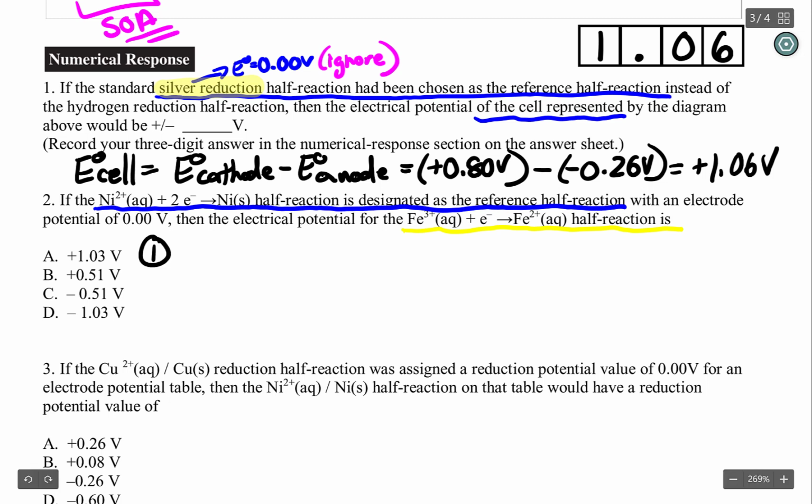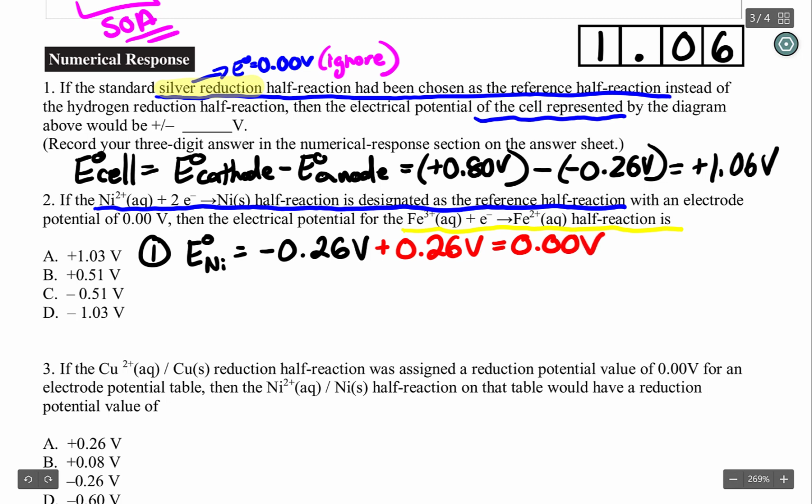So step number 1 is always to set something to 0. So if I look up the electric potential for nickel, it's set to negative 0.26 volts. I have to first then set this to 0 by doing a mathematical operation that will set it to 0. This would be to add 0.26 volts. Now I've set this to 0 volts. I do this mathematical operation to everything else or just whatever I'm concerned about in the question on that reduction half reaction table.